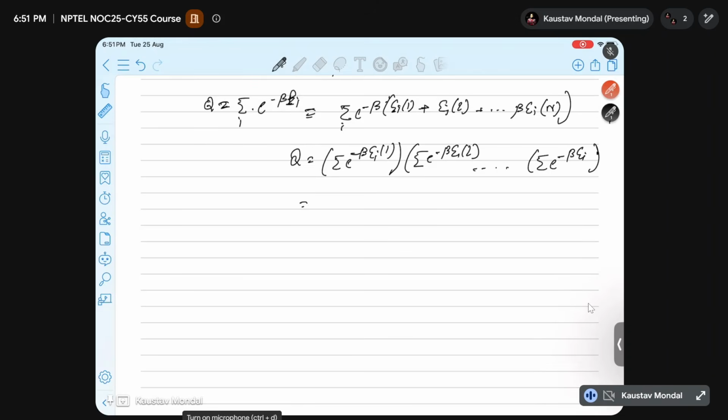Now if you calculate this, each of the terms inside this grand partition function can be denoted as small q. So small q is the partition function of each of the constituting systems.